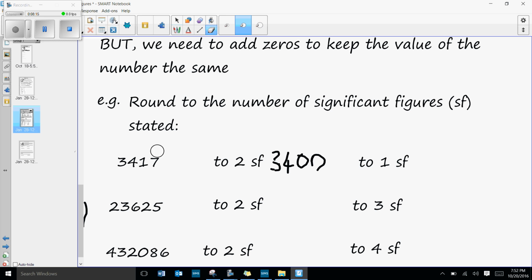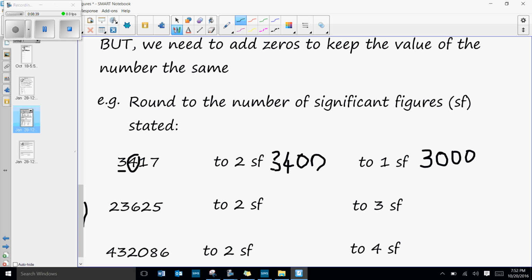To 1 significant figure. 1. Look to the right. It's only a 4, so this would be 3. This time we need 3 placeholders. Note the numbers we have always have the same number of digits in total as the original one.